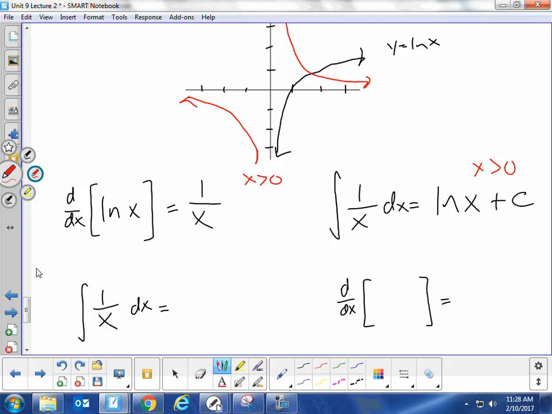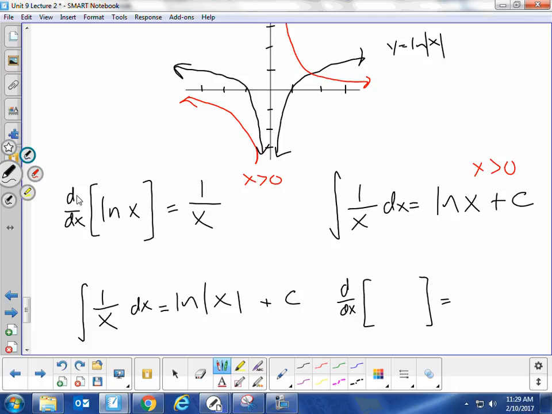What ends up happening is log x isn't going to work because we're only over here. I'm going to need another piece of a function that'll look like this. And that function is not just log x, but the log of the absolute value of x.